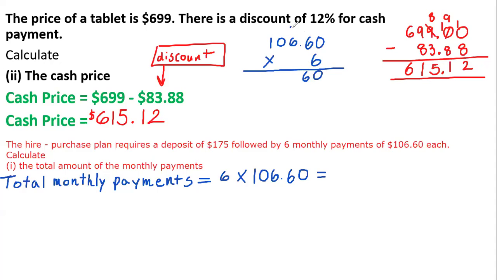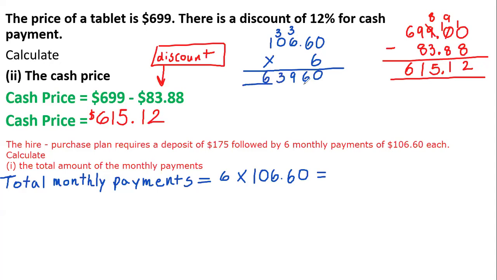Put the 6 down, put the 3 up. 6 times 6 is 36 plus 3, 39. Put the 9 down. Put the 3 above. 6 times 0 is 0 plus 3 is 3. 6 times 1 is 6.